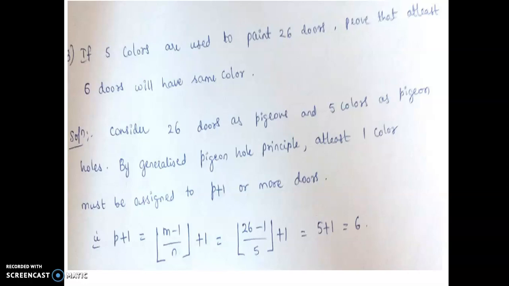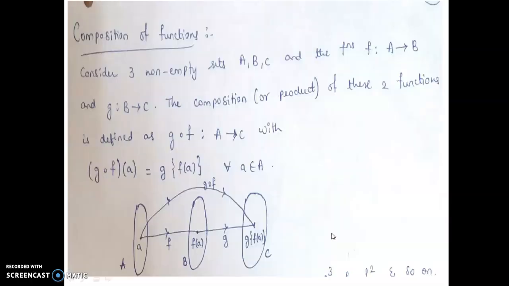By applying the generalized pigeonhole principle in this formula, p plus 1 is equal to (m minus 1) divided by n, plus 1. That is (26 minus 1) divided by 5, plus 1. So this comes out to be 5 plus 1. So this is the result.